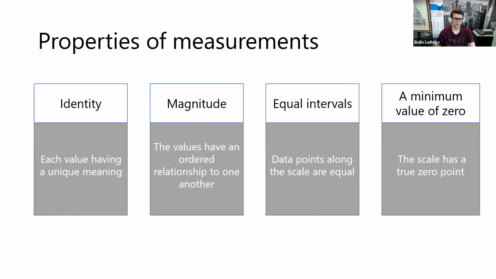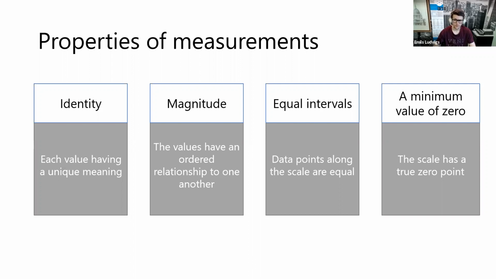For example, with transactions, every transaction has a unique ID. Then the second thing is magnitude, the amount, and they have some kind of relationship with these other values. Then of course the next one is equal intervals, and the data points between them are always on some kind of scale and are equal.